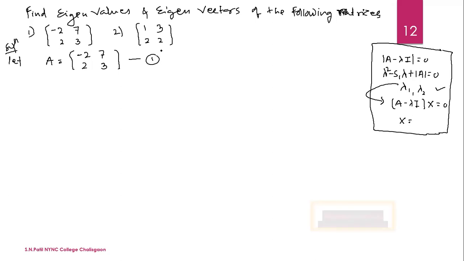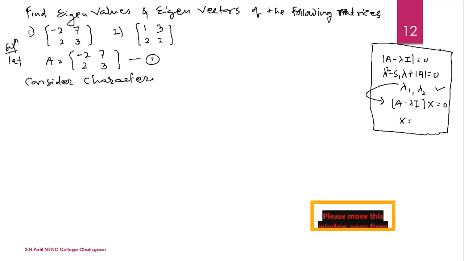First we consider the characteristic equation: determinant of A minus lambda I is equal to 0.